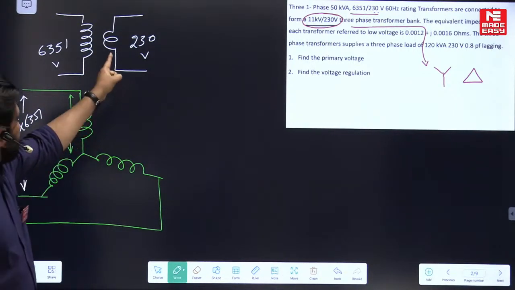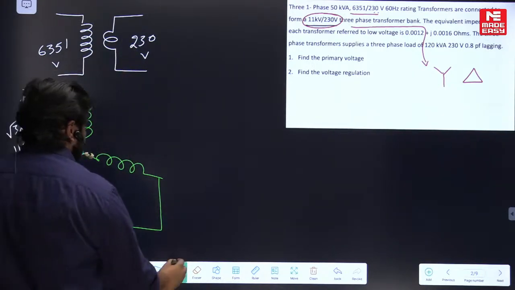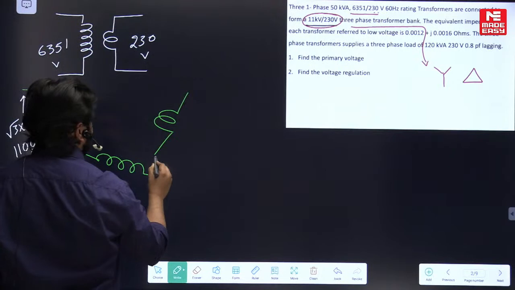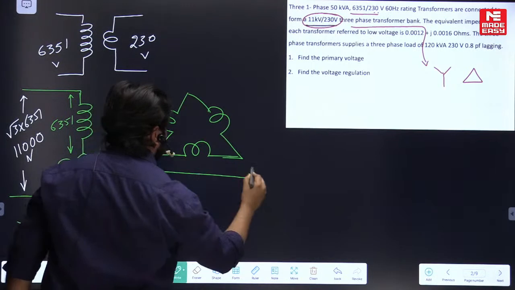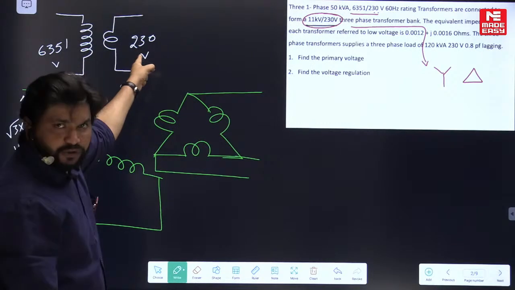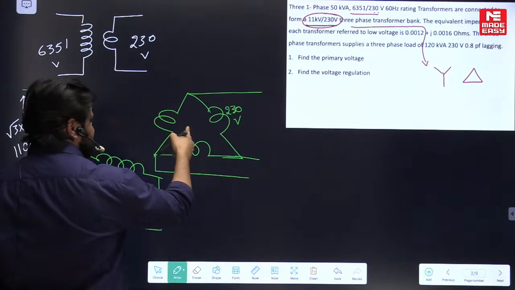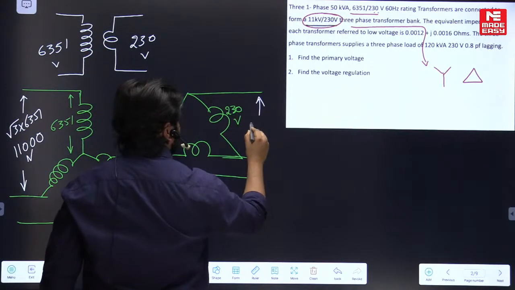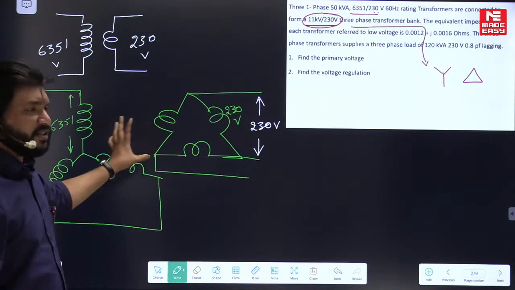That side, the three low voltage secondaries are connected in delta. And you know, across every phase 230 volts, and obviously, as it is delta, line voltage is also 230. This is what the question is all about.